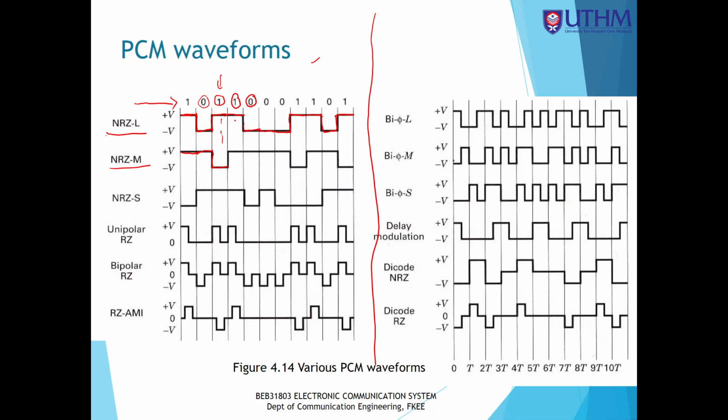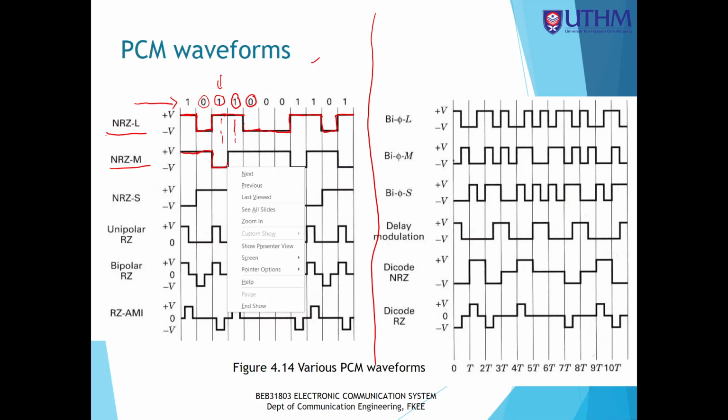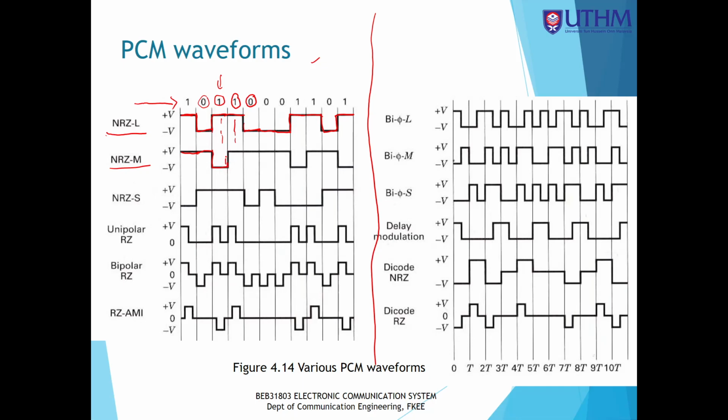Then another logic 1, so the output changes from negative to positive. Then the input logic is 0, so no change, another 0, no change, another 0, no change. Then input logic 1, so change polarity from positive to negative, another one, change polarity to positive, 0, no change, and then 1, change to negative.